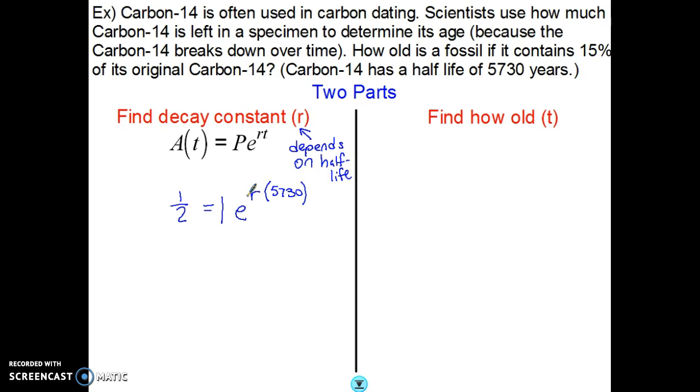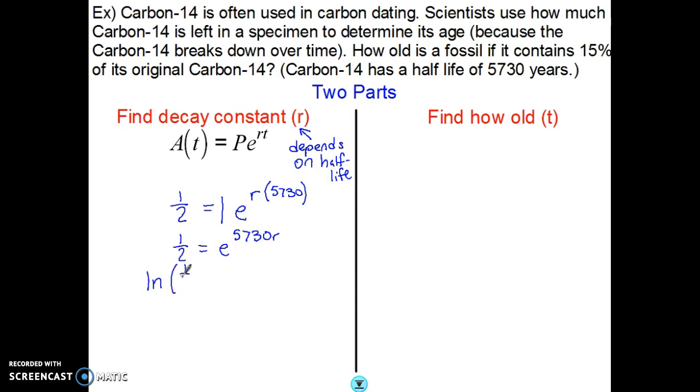Right away you can tell that this 1 doesn't really mean anything. We can divide away the 1 and it's just completely gone. So our problem is actually this: 1/2 equals e to the 5,730 R. Just like in our last video, this is now a relatively simple exponential equation. We can solve this, since our exponential is isolated, by taking the natural log of both sides.